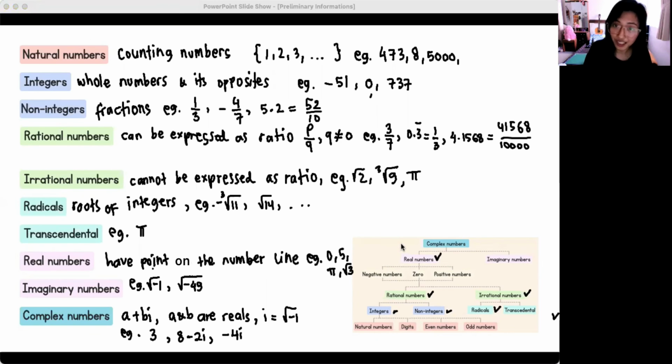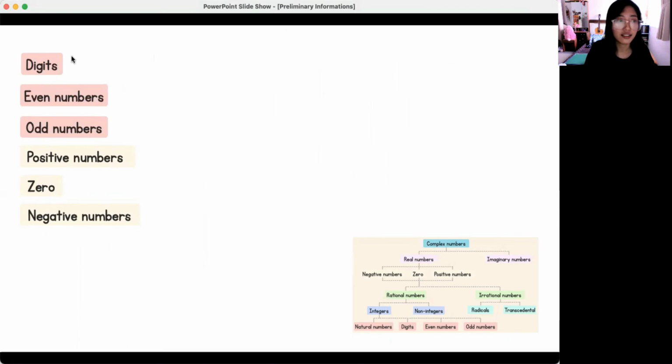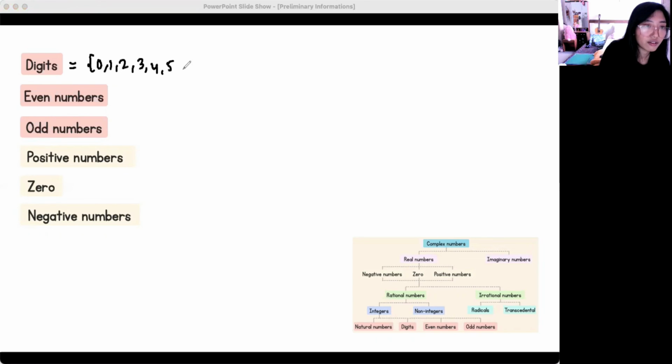Okay, so those are all the important sets that we have. I know if you notice, I did not discuss everything, but at this point, I hope that you already know the other subsets, the other sets, because we often use them. So digits are the ones that make up the numerals. The digits are 0 to 9, from which we can make any numeral that you want. Okay, that's digit.